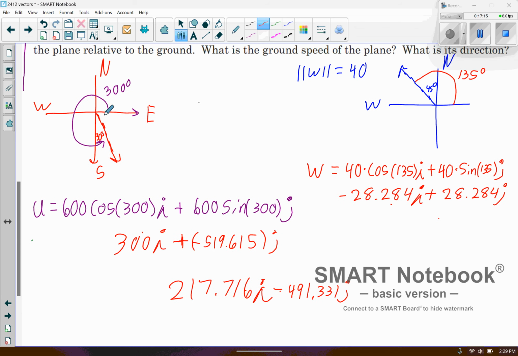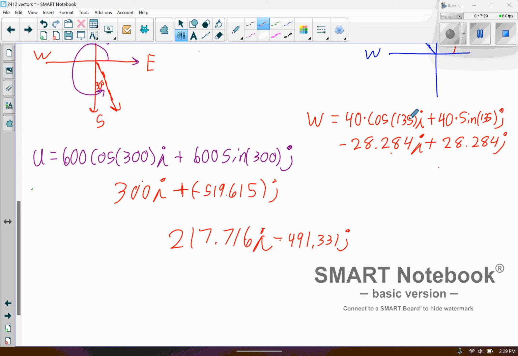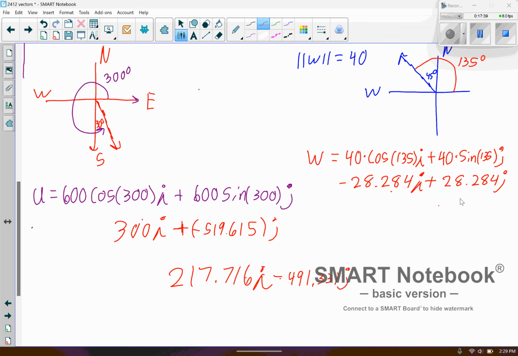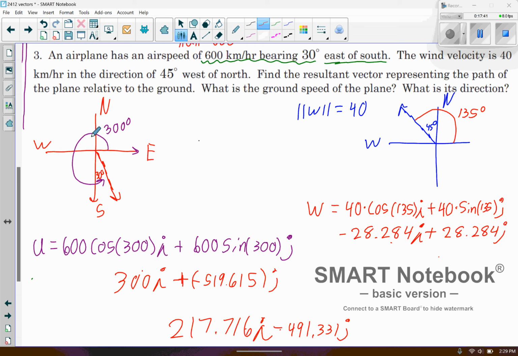So you can see the plane's flying like this. The wind, you're actually basically kind of flying into the wind. It's pushing you a little bit off course. And so that's what happens there. And so you can see that that wind is causing my x and y values of the original plane vector to decrease because it's pushing against me, so I'm not flying as fast as I was.